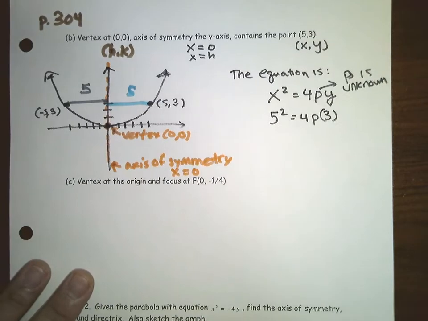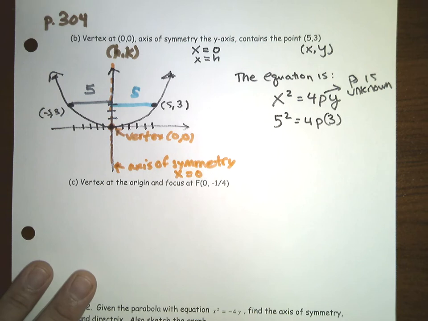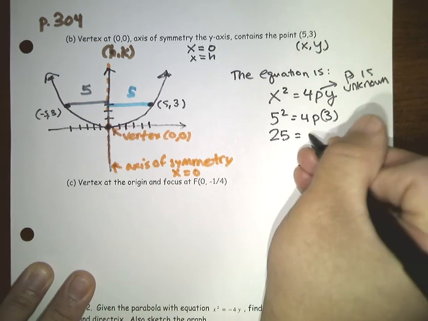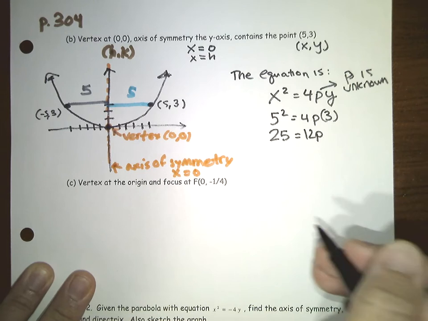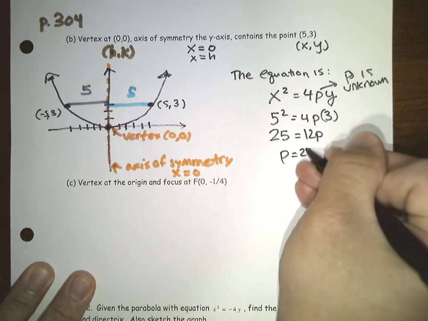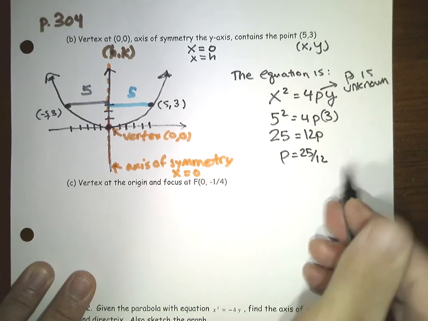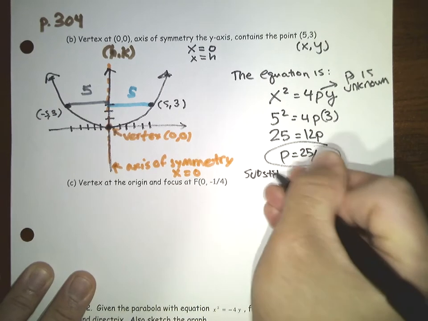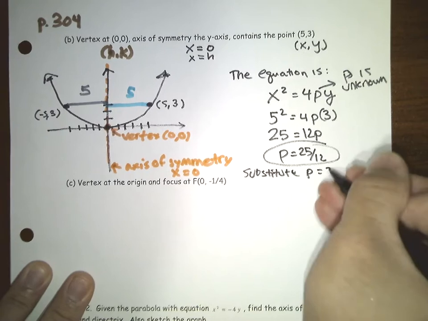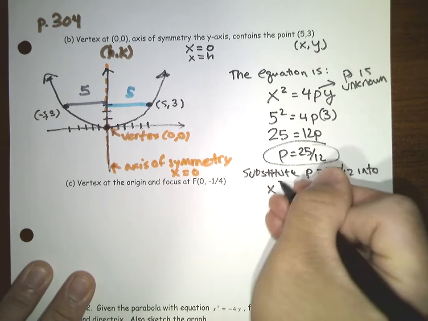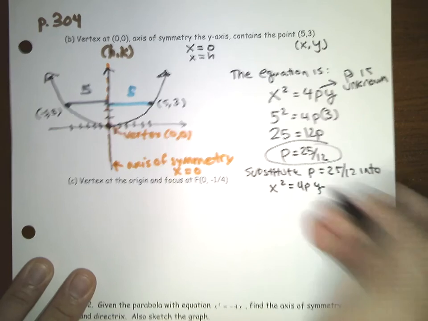Then 5 squared is 25, so 25 equals 4p times 3, which is 12p. Then I divide by 12, so p is 25 over 12. To find the equation, I just substitute p equals 25 over 12 into x squared is 4py.